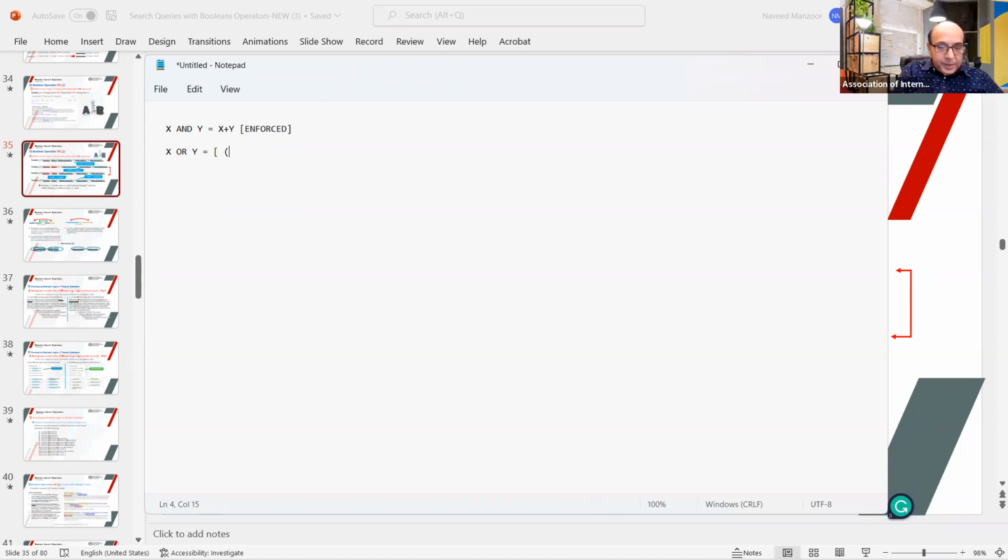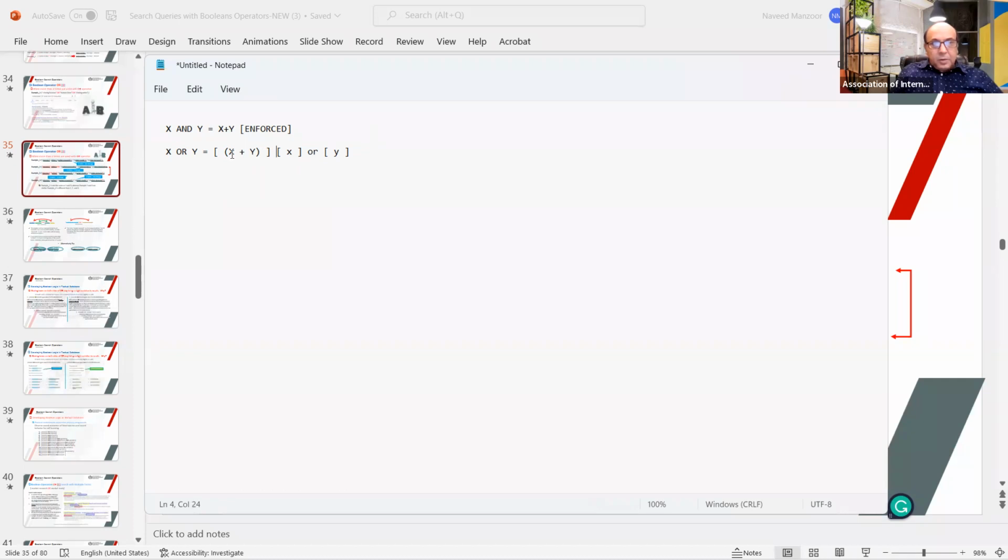So the first action is find X plus Y. The second action would be find X, and the third would be find Y, or Y, right? I think it would be find X and Y, find X, find Y.